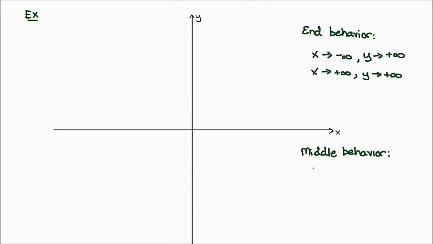Let's say we have x-intercepts at 3, 0, negative 5, 0, and we'll do two more: 4, 0, and 8, 0.